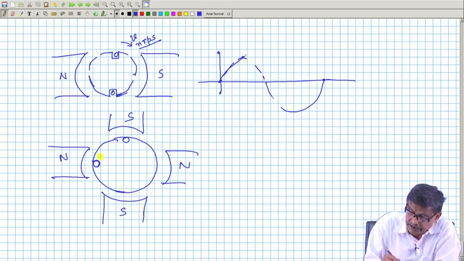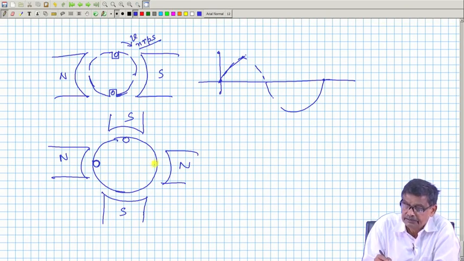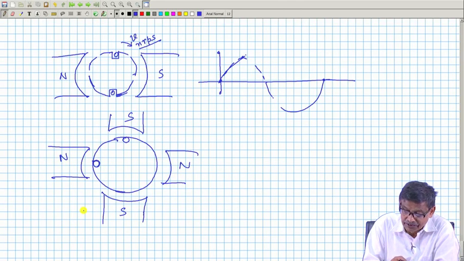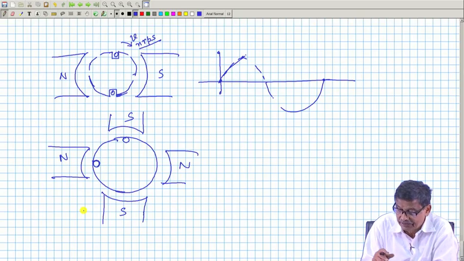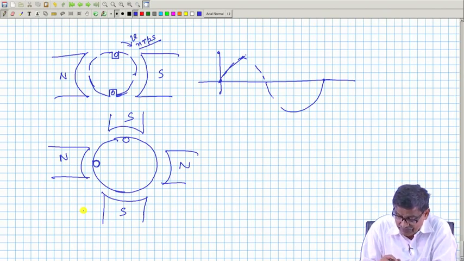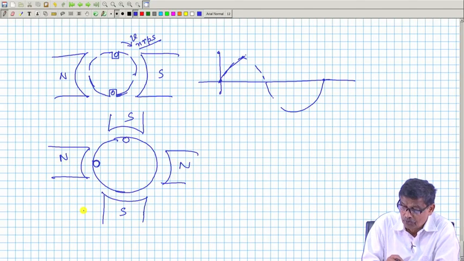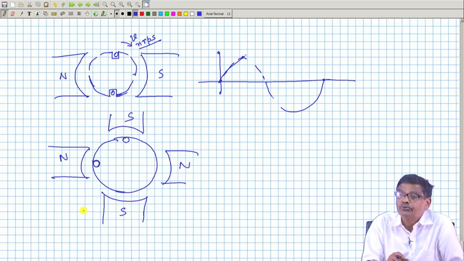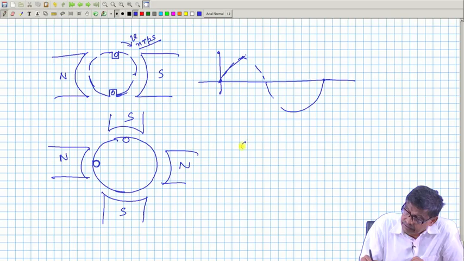So, if this arrangement rotates by 360-degree mechanical, one rotation, mechanical rotation will ensure what? 2 cycles of EMF, because it will undergo north, then south, then once again north and then once again south back to north. So, one complete rotation of the rotor will induce 2 cycles of EMF here.